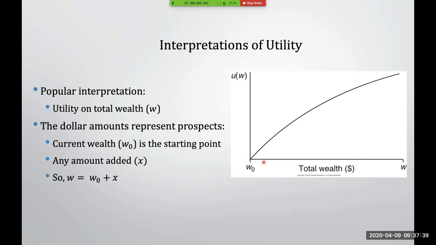Then you get the total wealth situation. You started with W0, then you're facing an uncertain deal that may give you $0 or $100. At the end of the day, you're walking away with either W0 plus 0 or W0 plus 100. So that is the total wealth that you will walk away with.